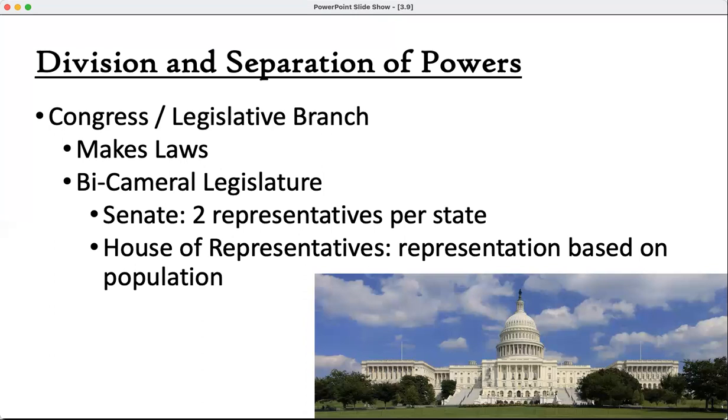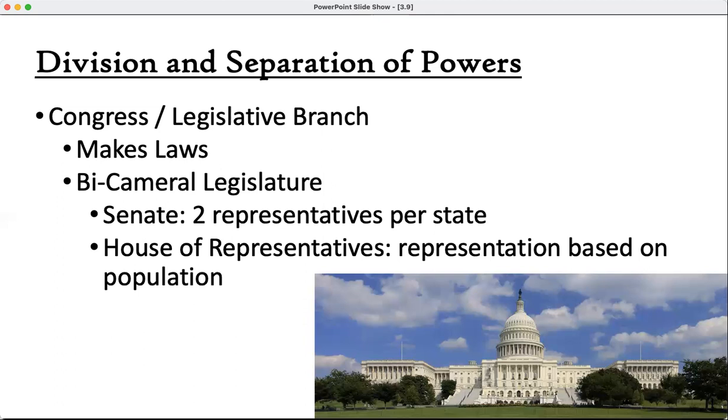If you haven't watched the Schoolhouse Rock song about this, I recommend it. Then the House or the Senate talks about it, debates it, votes on it. If it passes, it then goes to the other house. They talk about it, debate it, vote on it. If it passes that house, then it goes on to the president. The president can sign it into law or he can veto it.